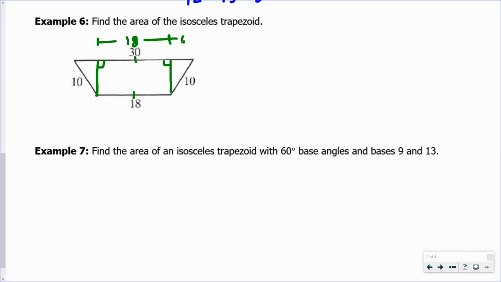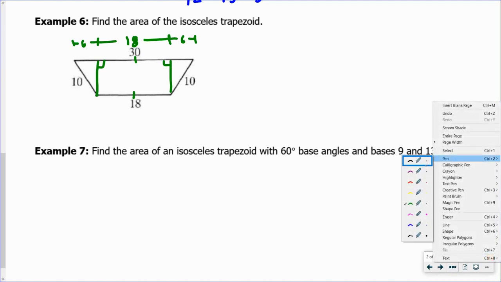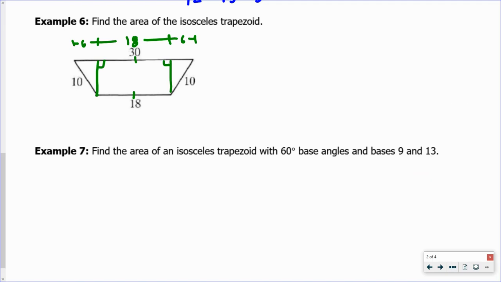So these 2 additional pieces have to be 6 each. Now this is nice because, and I'll highlight this, what we end up with are 2 congruent right triangles, and we'll be able to use the Pythagorean theorem to solve for h.